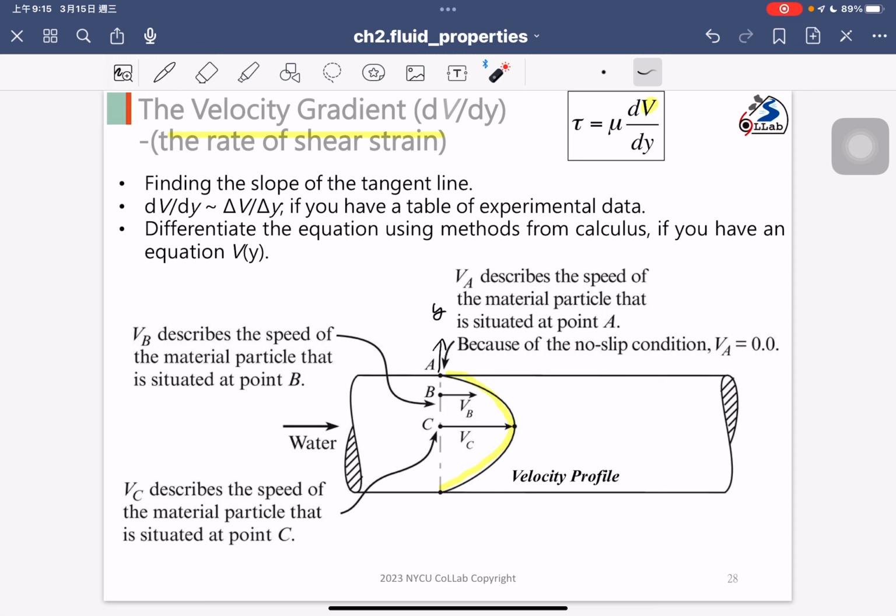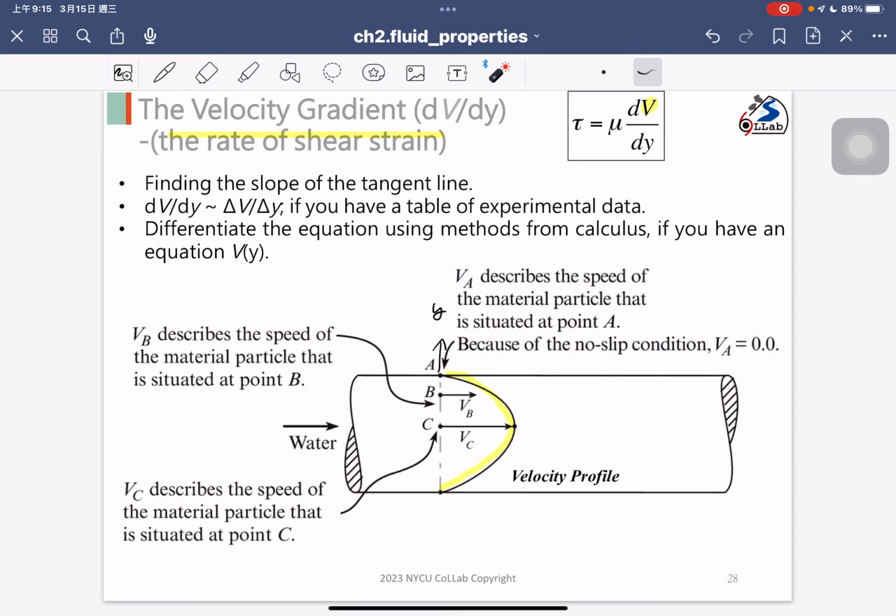You may not know where the largest gradient is along this profile, but we know that at the pipe center there is the largest velocity, and at the boundary there is no fluid velocity, just based on the velocity profile here.